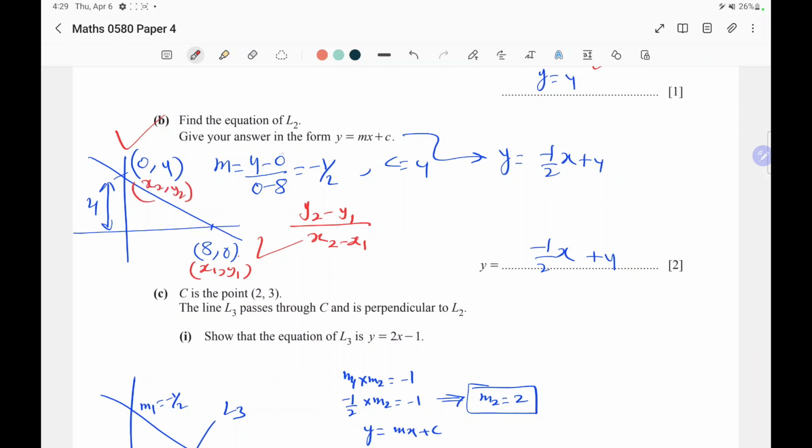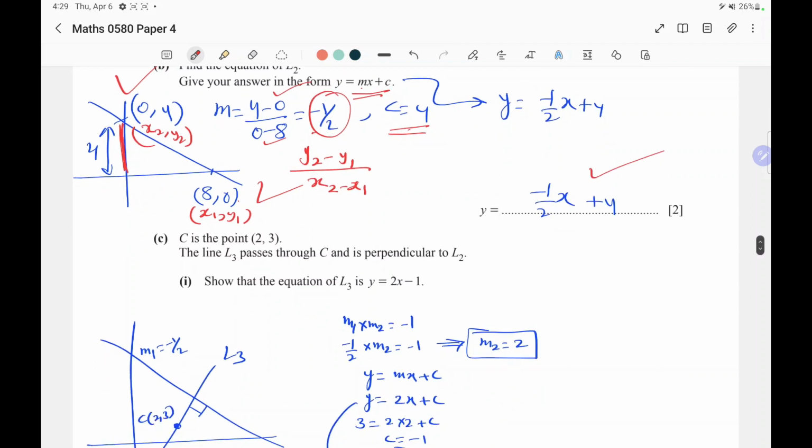So 4 minus 0, which you can check, and 0 minus 8, which is minus half. So the gradient for this line I got is minus half, and this is your y-intercept, that is called c. So I have m, I have c, y is equal to mx plus c, m is minus half and c is 4. So minus half x plus 4.